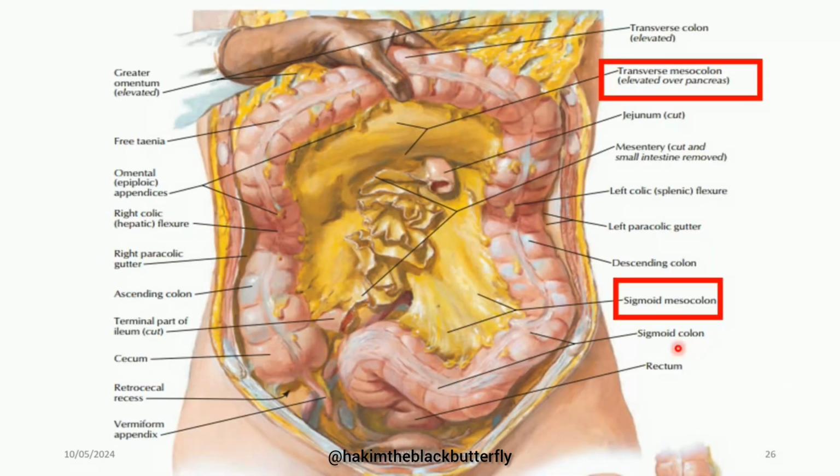Then the sigmoid mesocolon connects the sigmoid colon to the pelvic wall, and this allows your sigmoid colon to freely hang within the pelvic cavity. As simple as that: transverse mesocolon, sigmoid mesocolon. I hope that is clear to you.